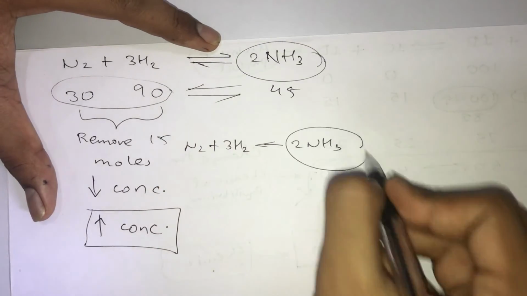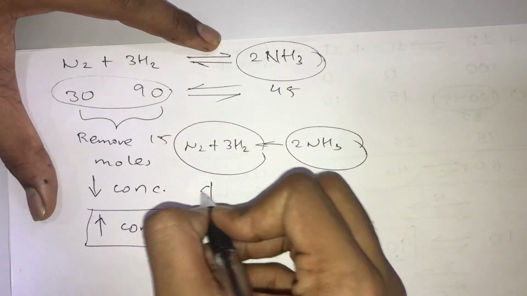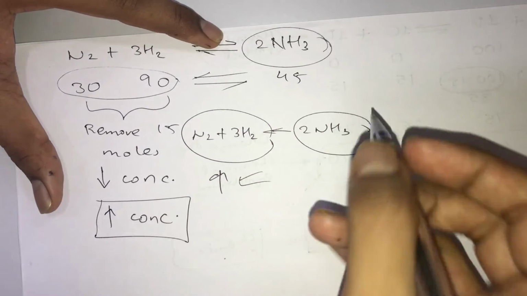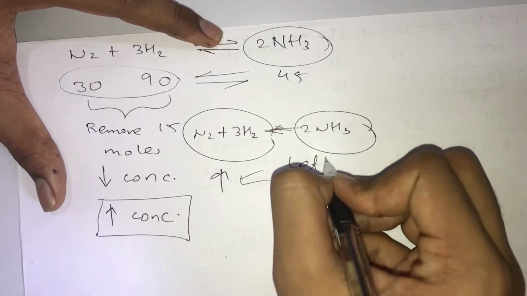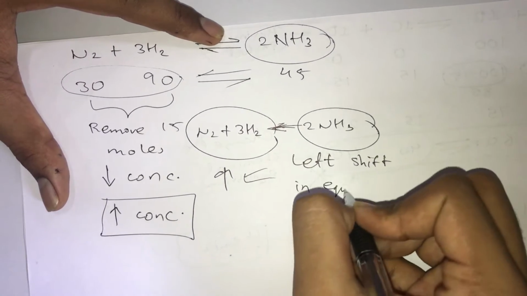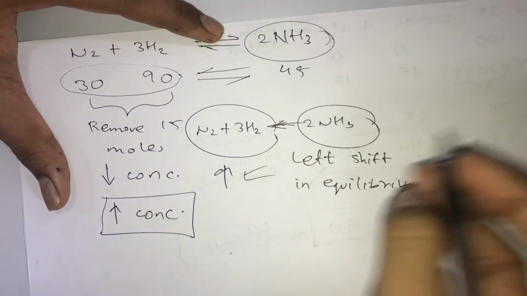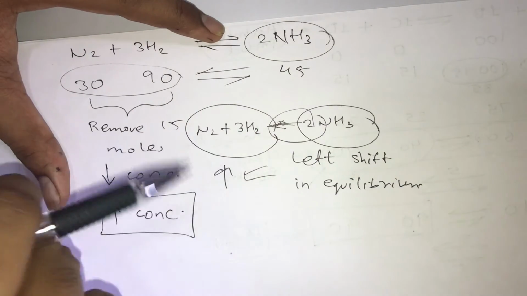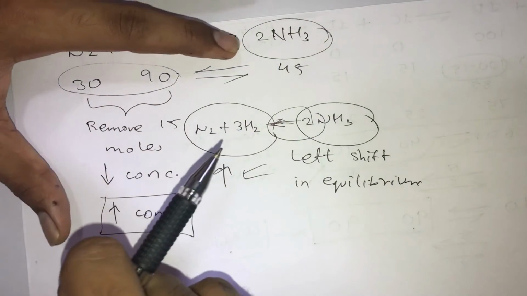So when this NH3 gets converted into N2 plus 3H2, the concentration is going to increase as we wanted. And since the backward reaction is dominating, it is called a left shift in equilibrium. So whenever the backward reaction dominates, it is called a left shift in equilibrium, and whenever the forward reaction dominates, it is called a right shift in equilibrium.